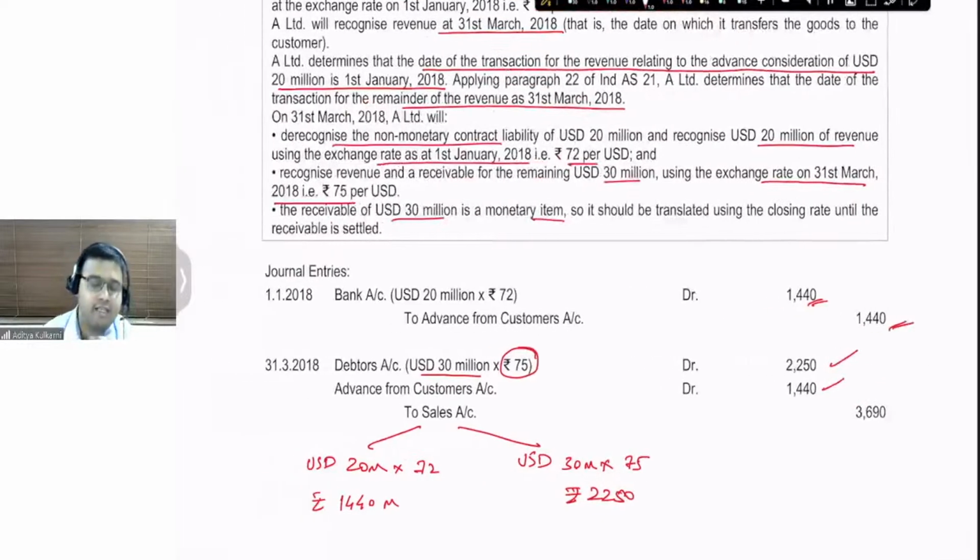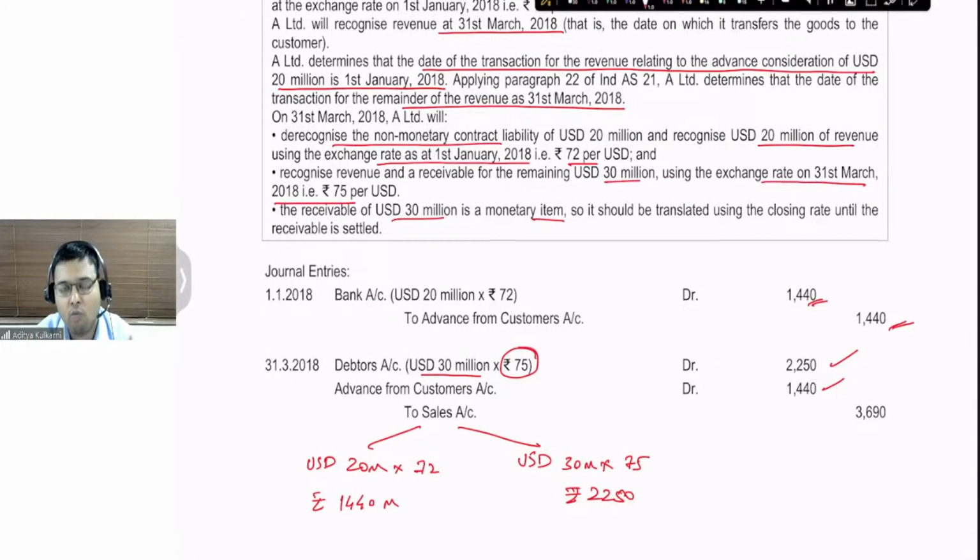Why is this kind of adjustment being done? See, I cannot show that an amount is receivable or payable from the customer because he has paid an advance of $20 million, which is towards a revenue of $20 million. So technically, I cannot have a liability or receivable on account of merely a rate change that happens in the future relating to a payment that I receive in advance.